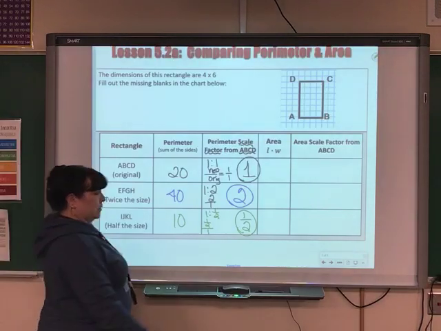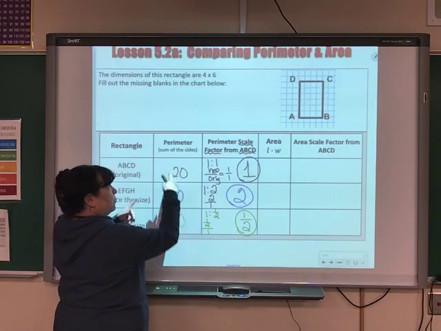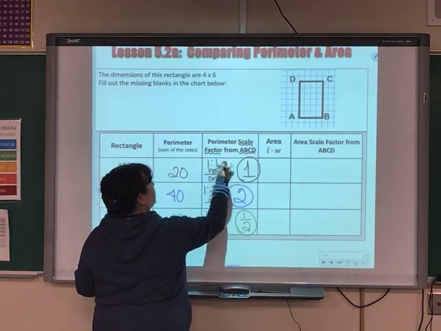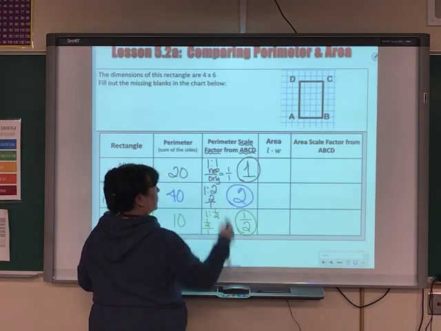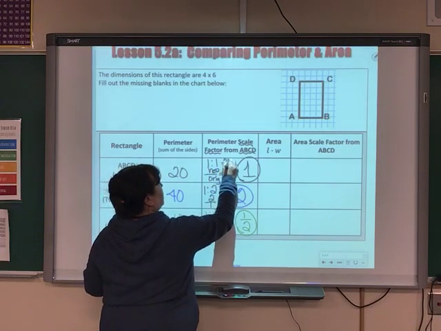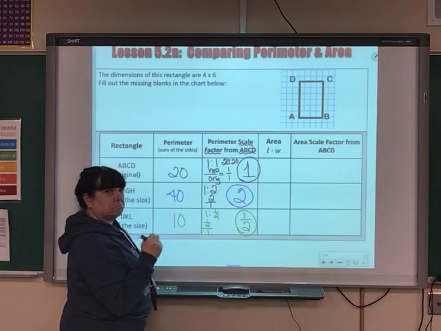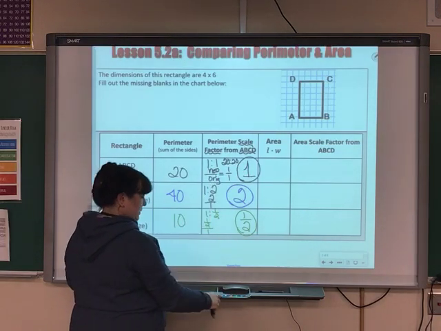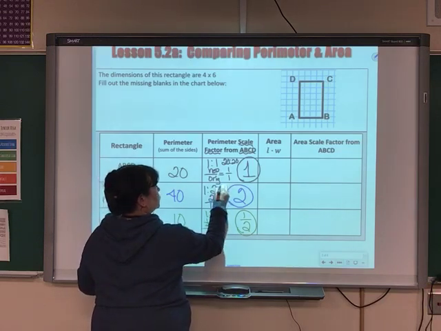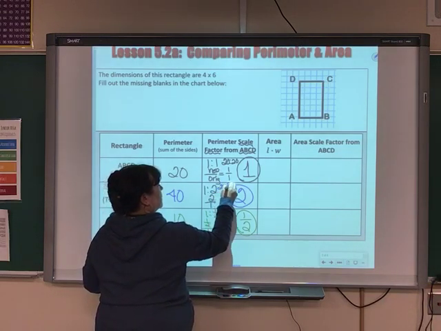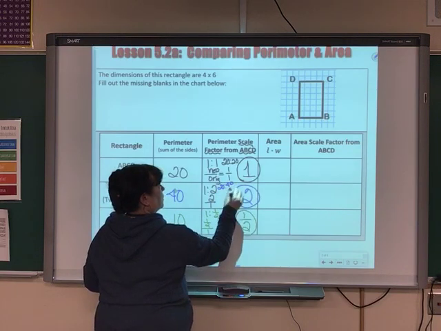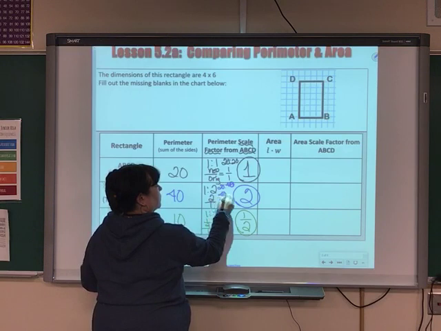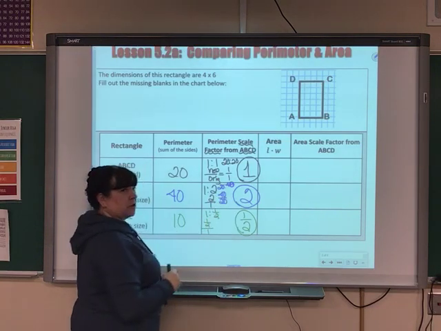Now we can also look at these as, well, what is it to the perimeter? In this case, I could instead write that the perimeter is 20 to 20, or 20 over 20. This one would be 20 to 40, or 40 over 20, which is still 2.